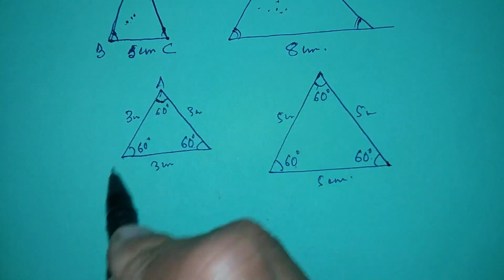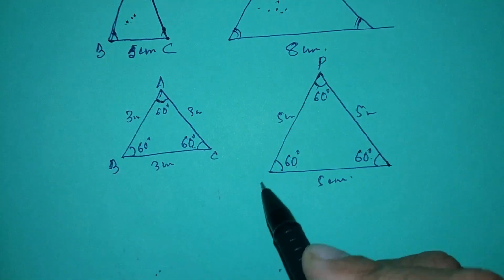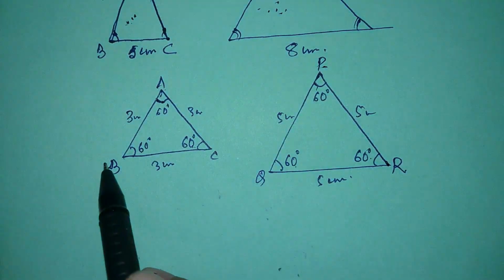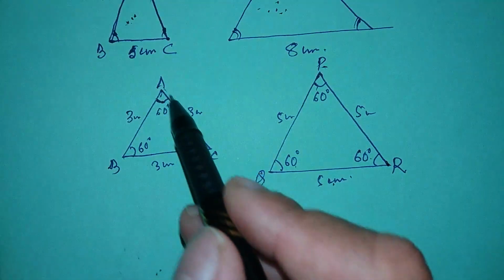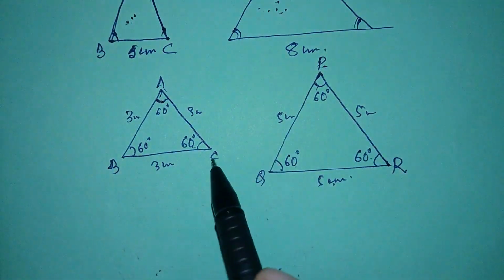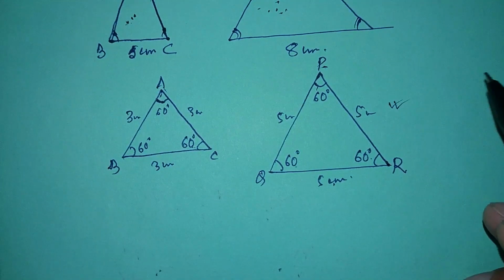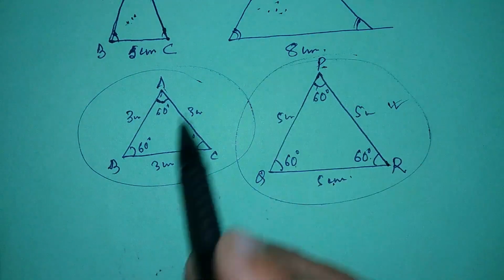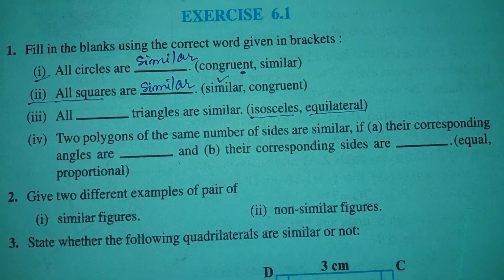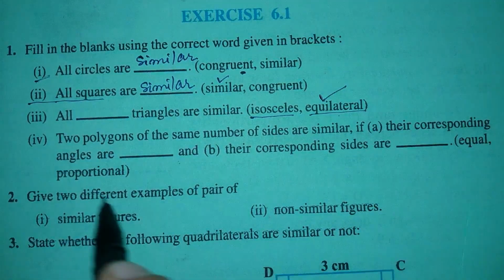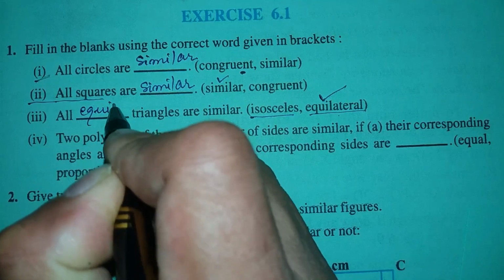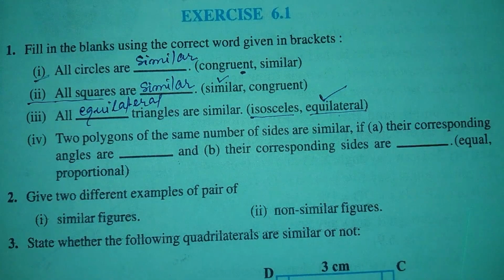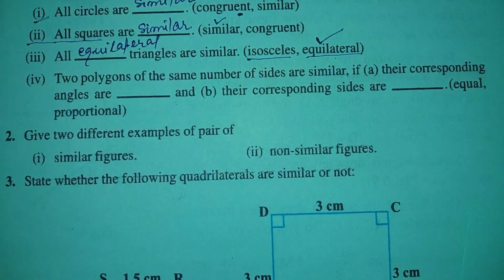Now here the ratio of the corresponding sides are equal. AB by PQ is 3 by 5, BC by QR is also 3 by 5, AC by PR is also 3 by 5. So the second condition is also satisfied. So since both the conditions are satisfied, these two are similar. So here the answer is equilateral triangle. So all equilateral triangles are similar.